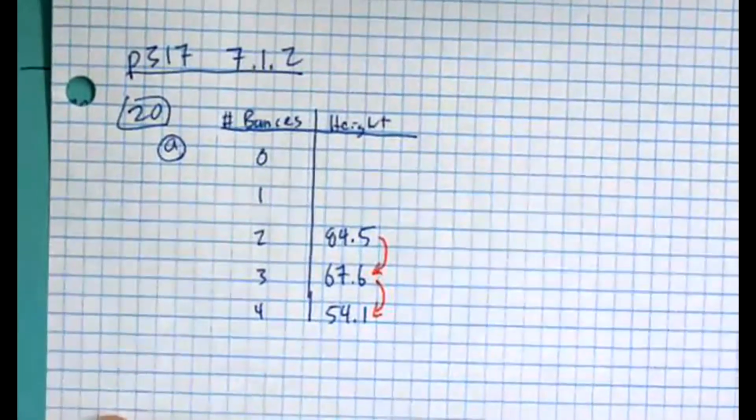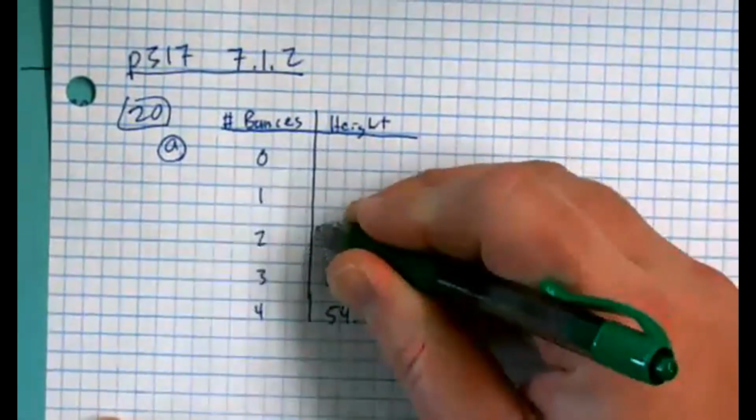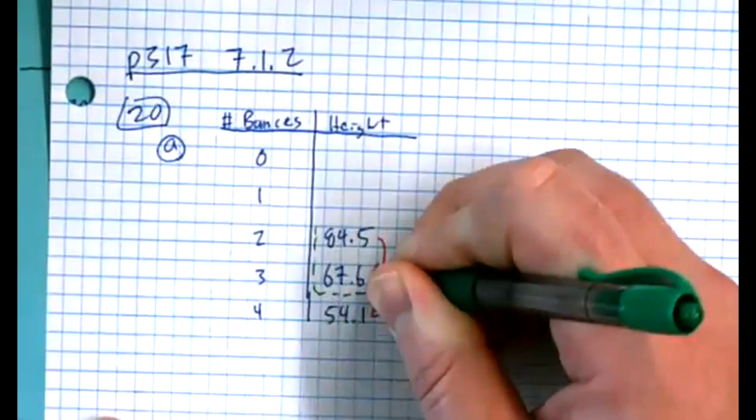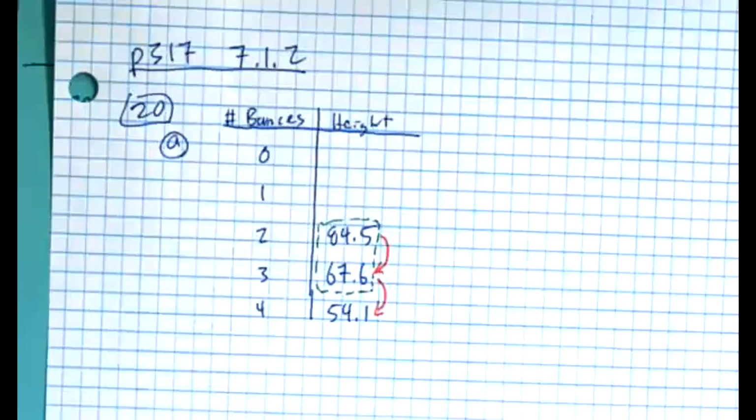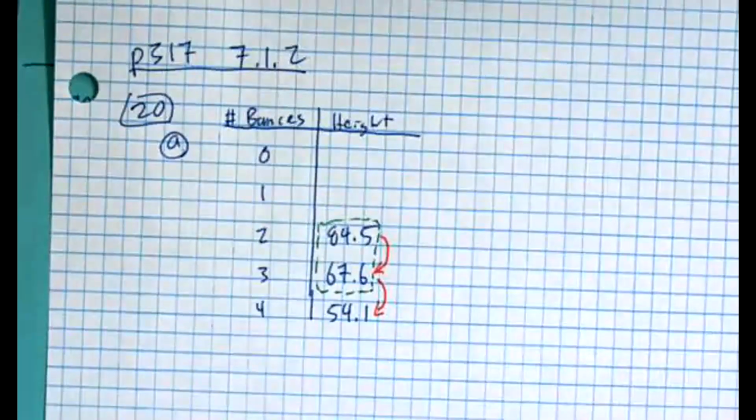It had to do with dividing, didn't it? That's great. I'm glad you remember that. If you pick two numbers that are back to back, you can divide them. The question is, which one do you divide by which? Do you do the first divided by the second or the second divided by the first? First divided by second? Go ahead and try that. What is 84.5 divided by 67.6? What's that come out to be? 1.25, but that doesn't seem right, does it?